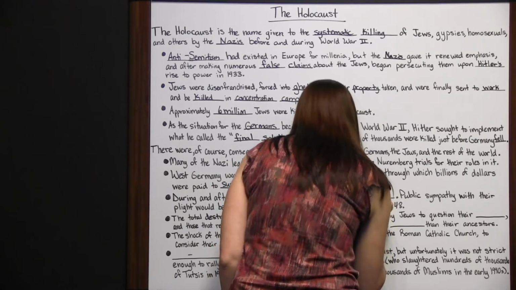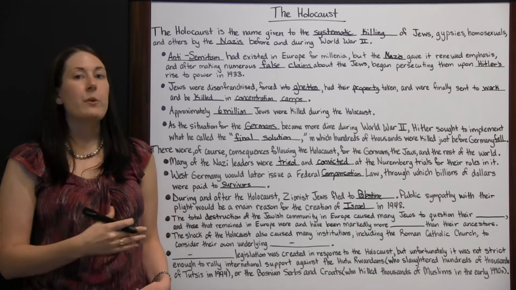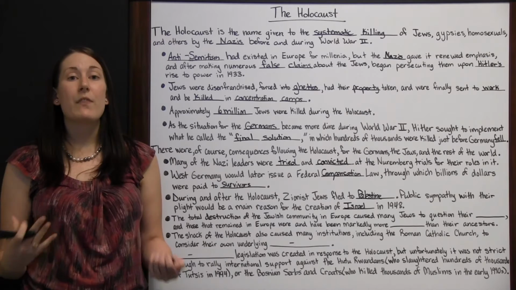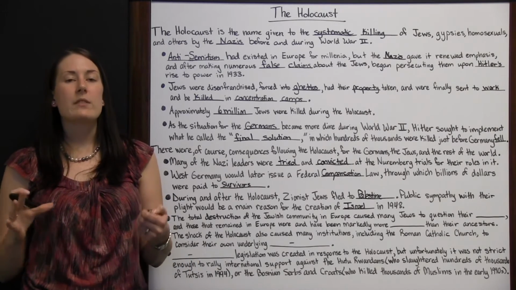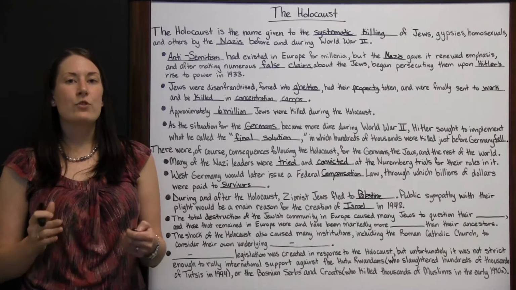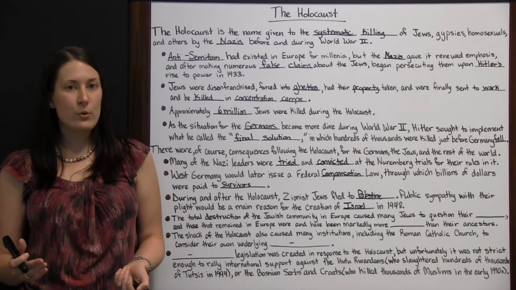So the state of Israel was created for the Jewish people after World War II, after the Holocaust, because people felt so bad about what had been done to the Jews that they said, okay, we will set up the state of Israel for the Jewish people. And that is the only place in the world where there is a Jewish majority.